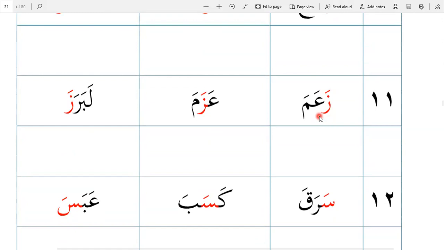Za, a, ma. A, za, ma. Same letters as here, they're just flip-flopped.